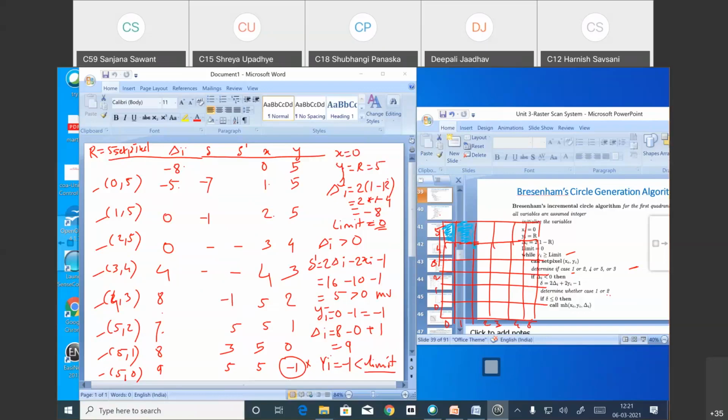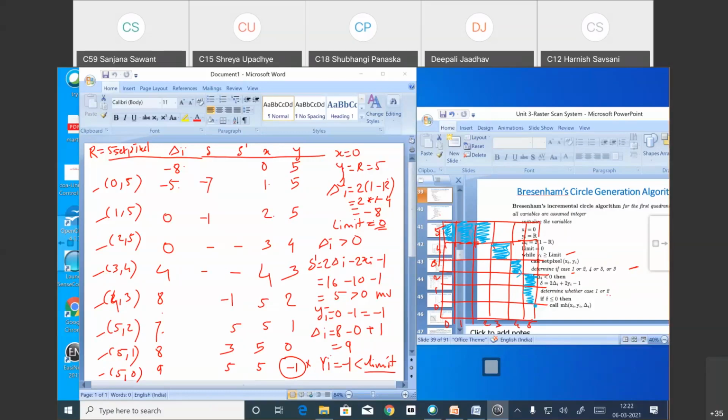Then the next one is 2, 5. The next one is 3, 4. The next one is 4, 3. Next one is 5, 2. Next one is 5, 1.